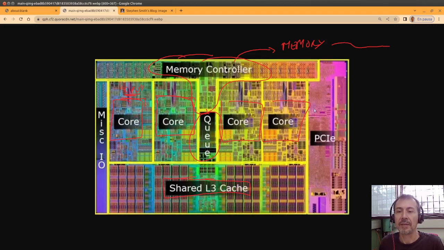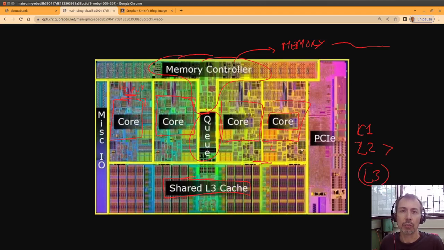Here we have a system cache. There are different cache levels. For example, each core usually has a level 1 cache and a level 2 cache. Each one is bigger, but slower than the previous one. And the L3 cache is usually shared between different cores.